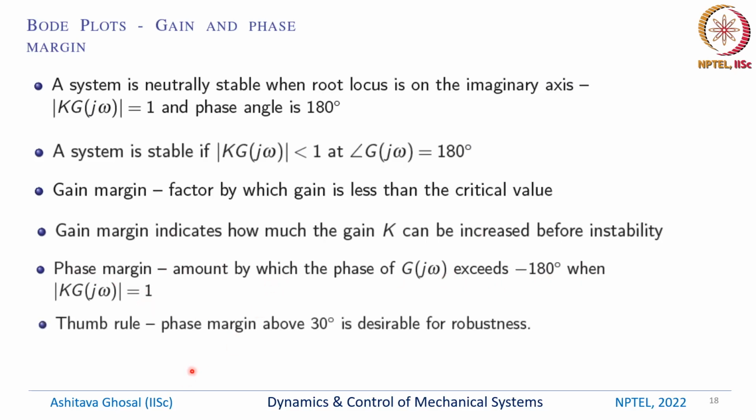The rule of thumb is, if the phase margin is above 30 degrees, then it is a robust system. So engineers will design a control system such that the phase margin is at least 30 degrees when the magnitude of k g(j omega) is 1.